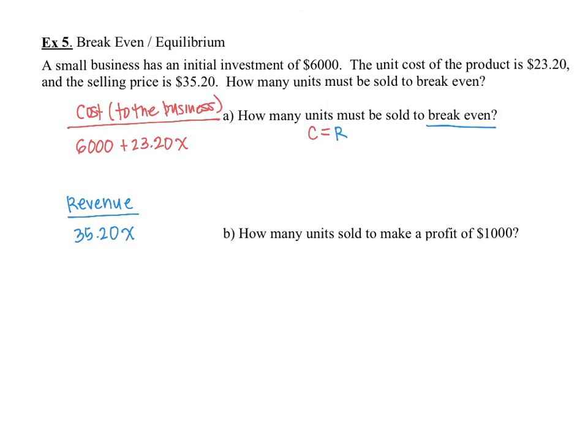So if I were to solve this, I would set the cost equal to the revenue, and since it asks how many units, I would solve for X. So 6,000 equals, if I subtract 23.20x, I get 12x. So I get 500 units.